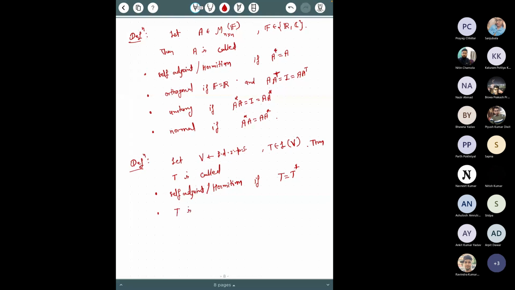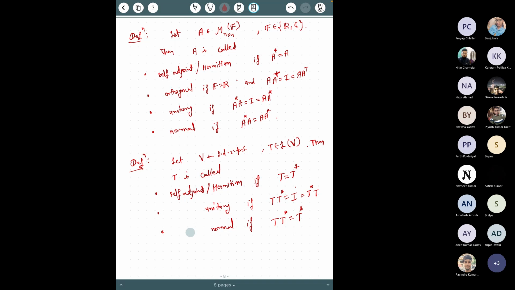It is called unitary if T star T is equal to I, which is equal to T T star, and it is called normal if T star T equals T T star.